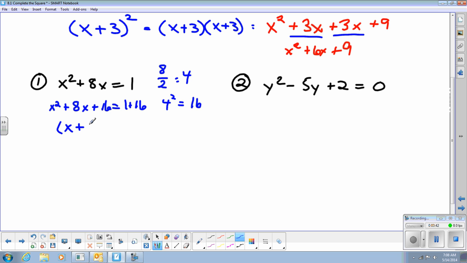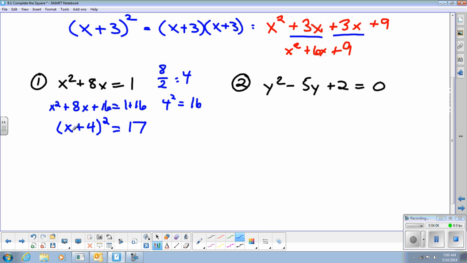I'm actually going to write x plus 4 squared. What's that equal? 1 plus 16 is 17. So now over here, just to show you that yes, this is correct: if I have x plus 4 times x plus 4, the first term squared, x squared. Last term squared, 16. 4 times x, double it, 8x.